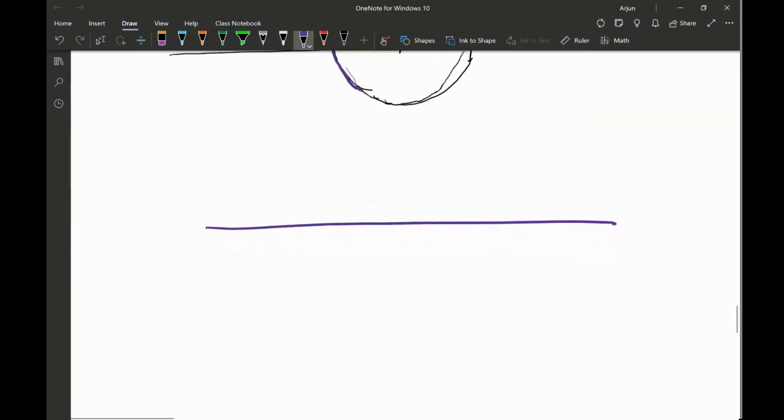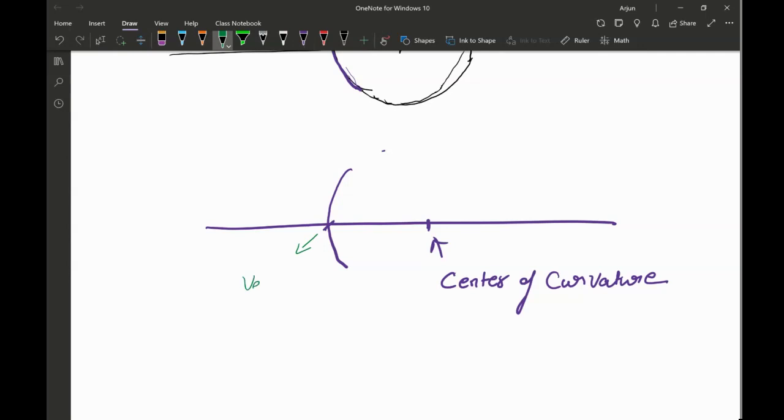So this point, which is the center of the circle, is also called the center of curvature for this mirror. Center of curvature. Now this point is called the vertex point.